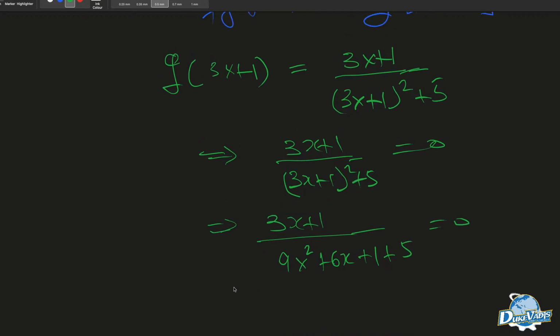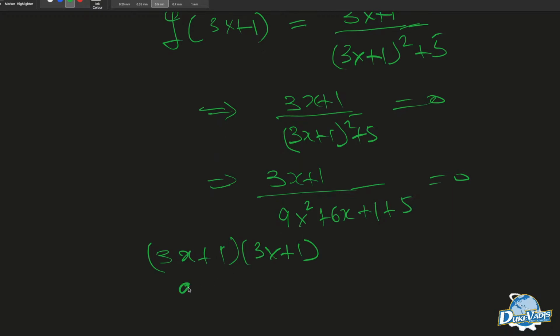Why am I saying that? Because we know when we multiply 3x plus 1 by itself, we are going to get 9x squared plus 3x plus 3x plus 1. So that's what we're going to get, the 9x squared multiplied by that, 3x, write it down. And this one will multiply by that and that. So that is the equation plus our 5.